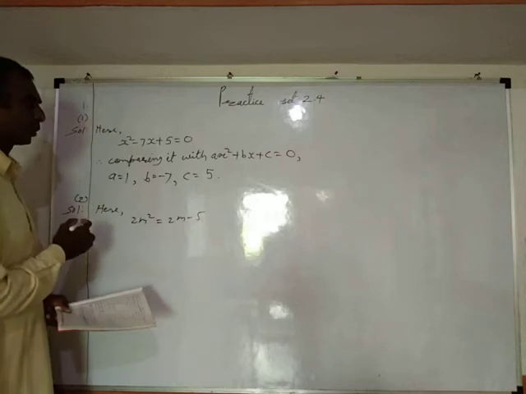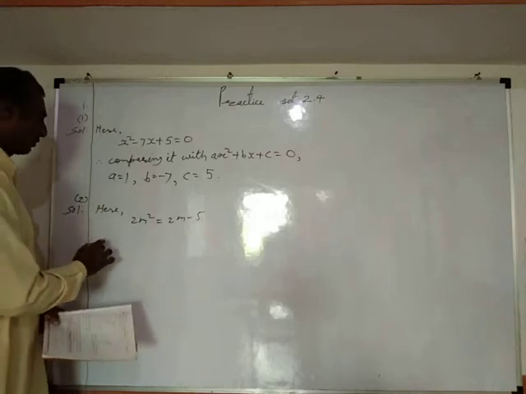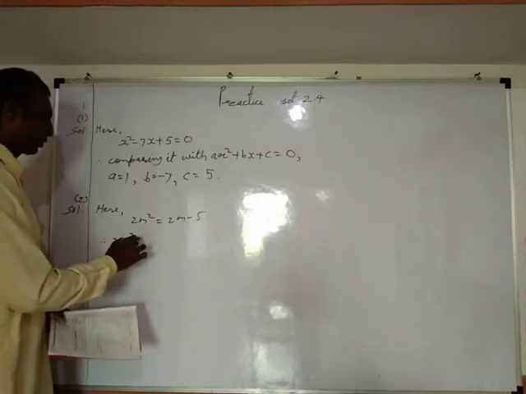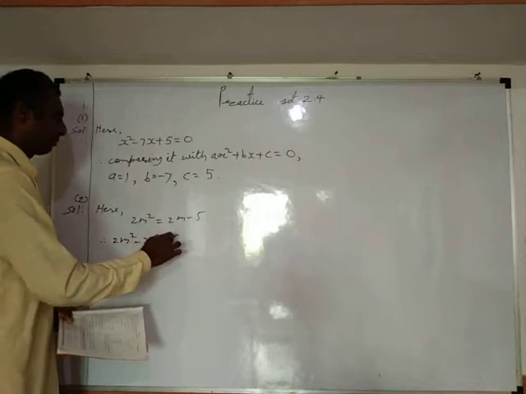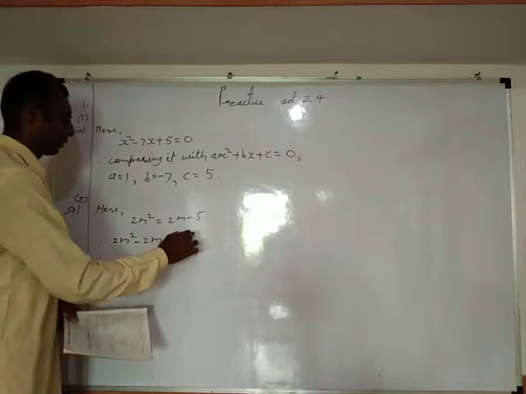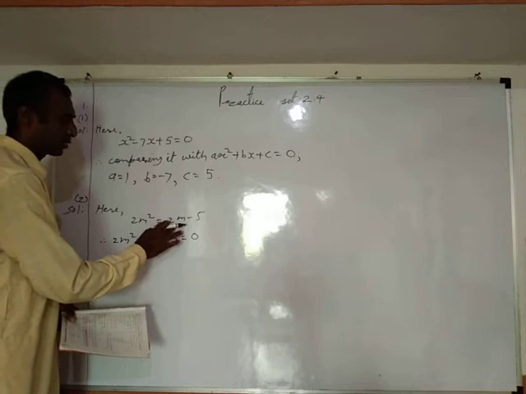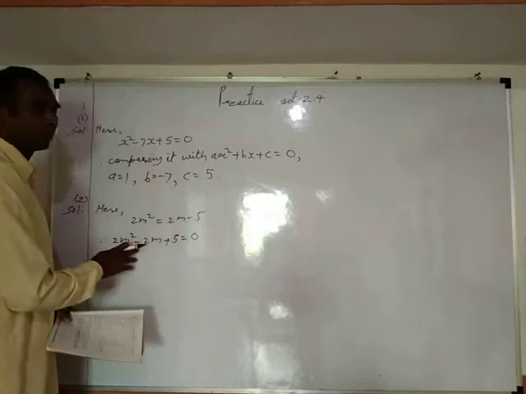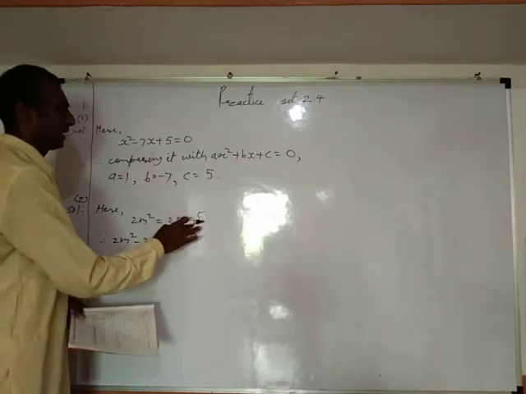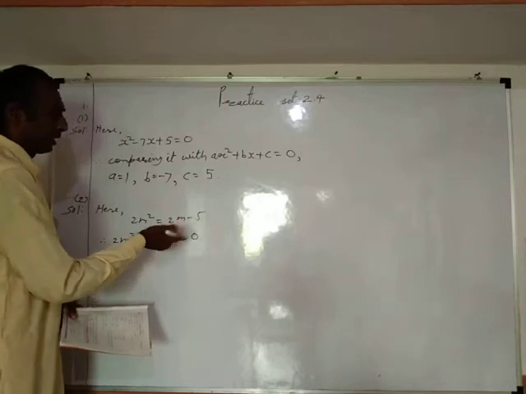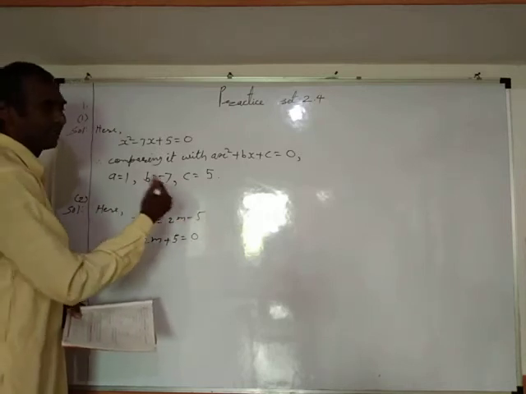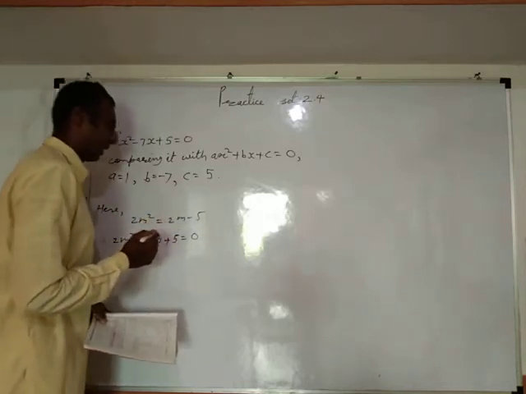Let's transfer them towards LHS. Therefore, it will become 2m square minus 2m plus 5 equal to 0. On transfer of minus 2m from right to left, we get minus 2m, and minus 5 becomes plus 5 at left side, as it is minus 5 at RHS.